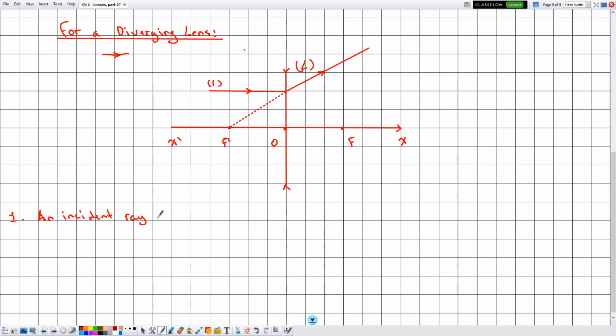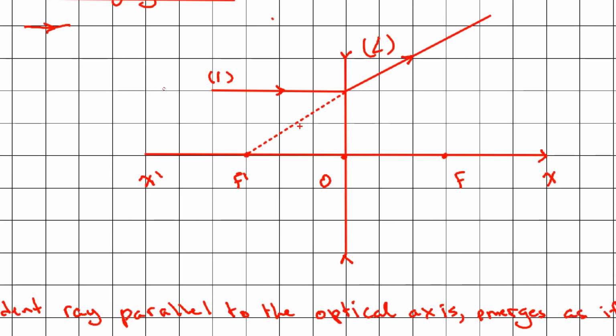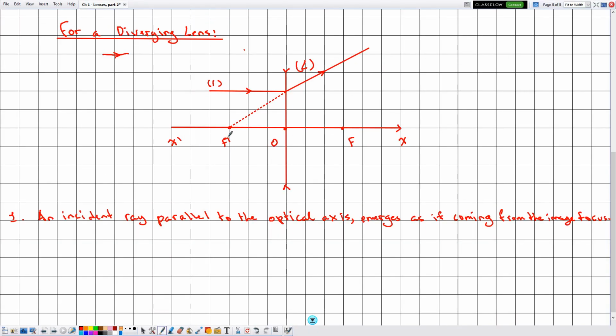An incident ray parallel to the optical axis emerges as if coming from the image focus. And here the dotted line represents that the light is coming from the image focus.